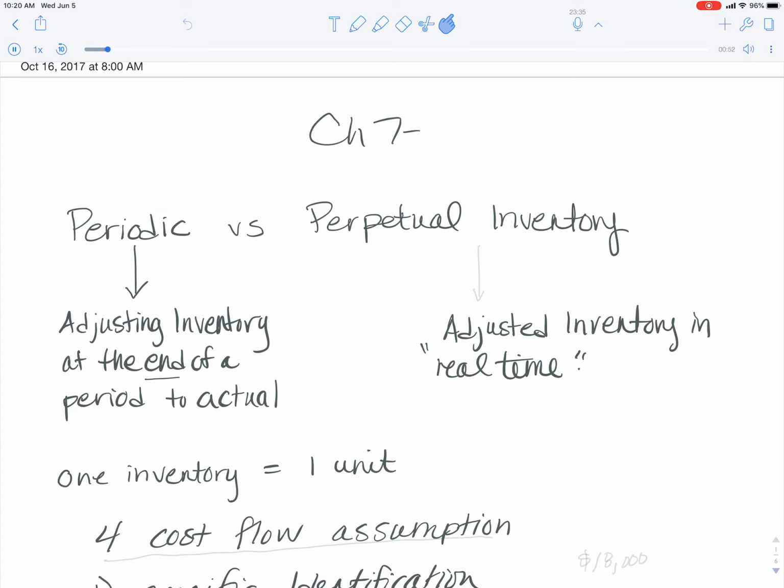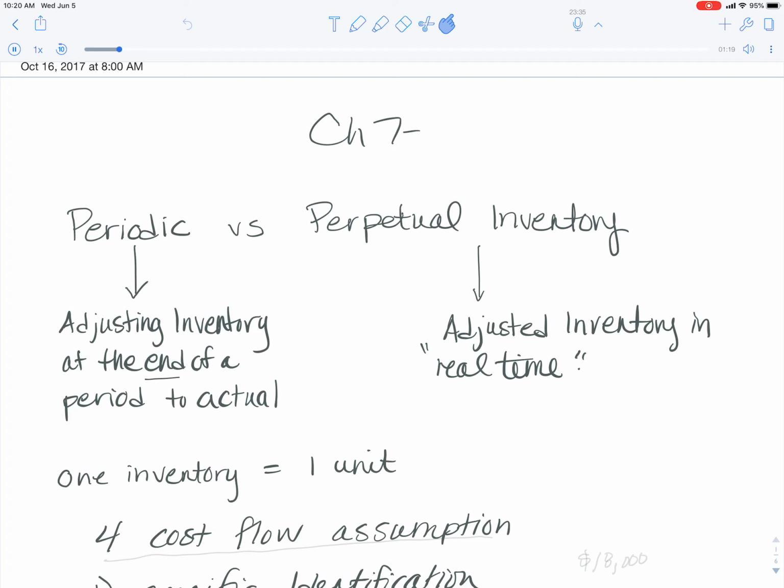With perpetual inventory, we are adjusting inventory in real time. Think of it like in a grocery store where as soon as your item is scanned at the checkout line, the computer automatically takes it out of the inventory balance. So perpetual inventory is adjusting inventory on a daily basis in real time as things are sold.